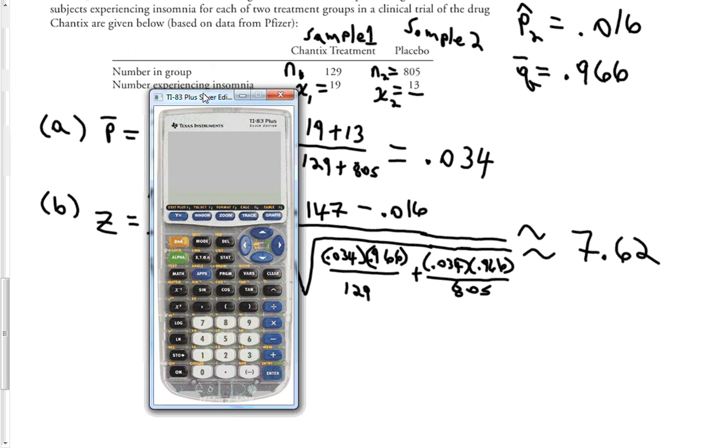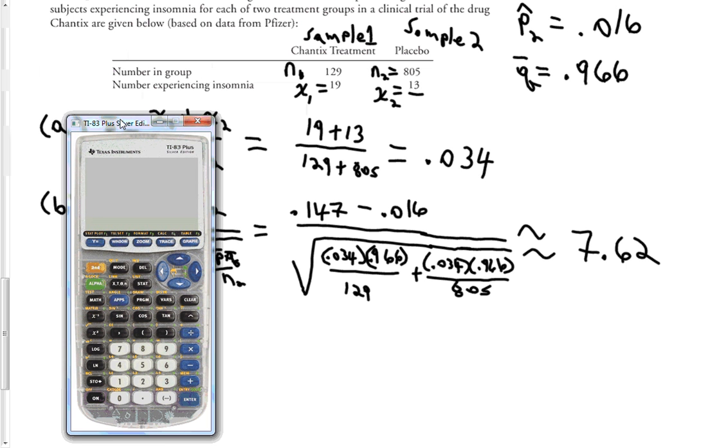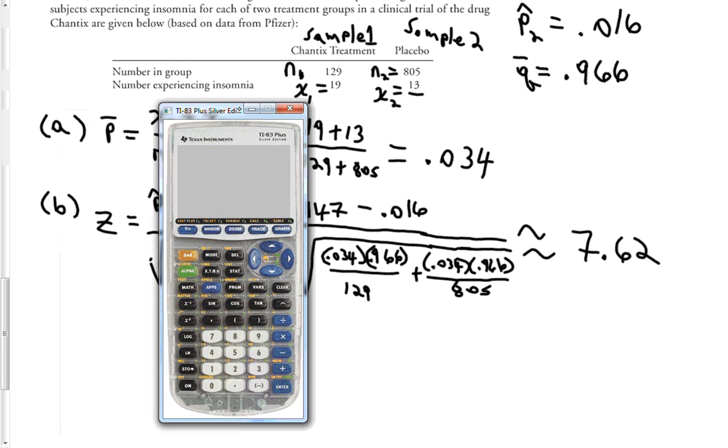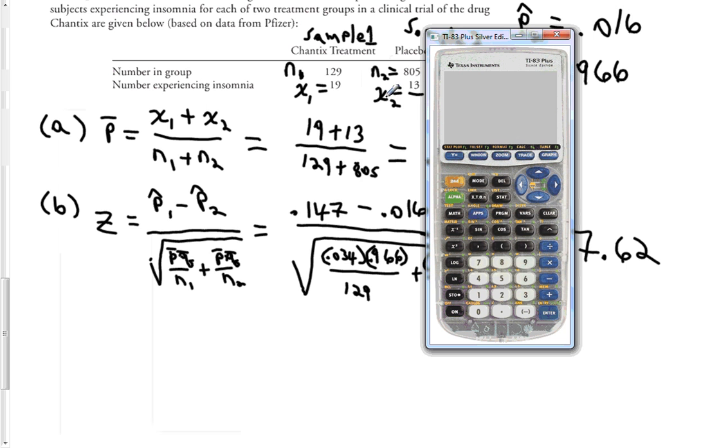The critical value is actually a z-score that separates the rejection region from the area where we would fail to reject. So let's find the critical value first.